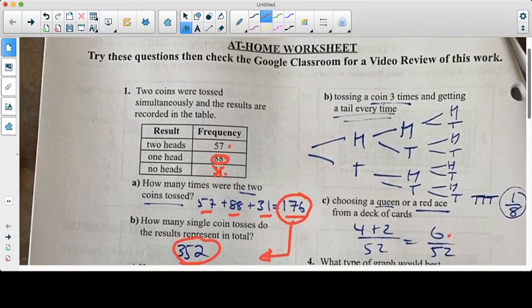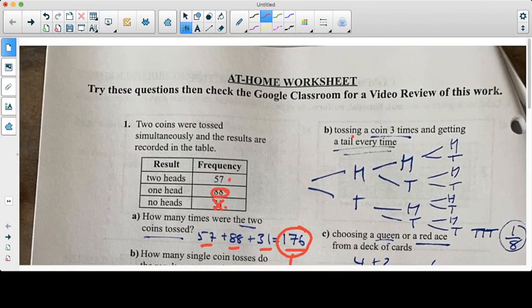Here, we got to get used to drawing a tree. You flip the coin 3 times. First flip, you get a head or a tail. On the second flip, head or a tail, regardless of whether you got a head or a tail on the first flip. Then you keep going. We've done this a few times in class. I'll just follow one of these branches. This one here is head, tail, tail.